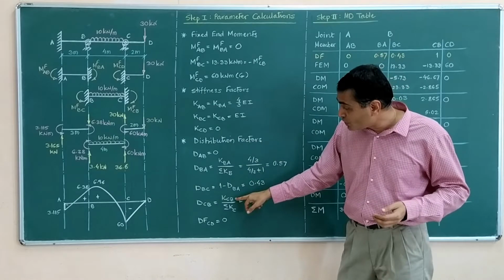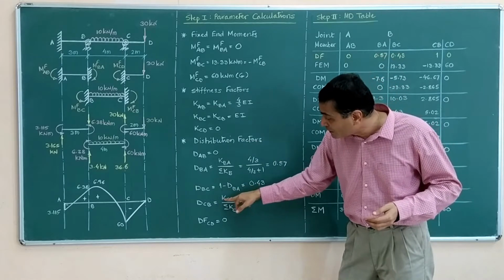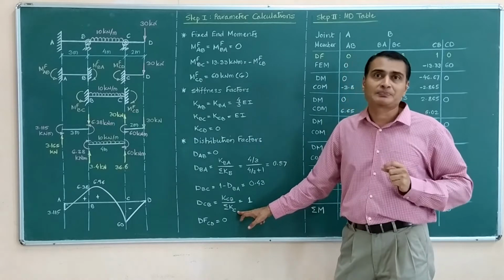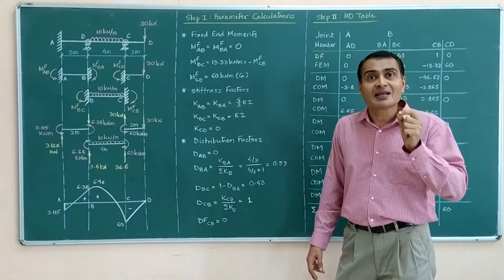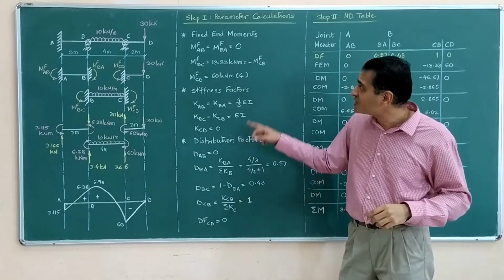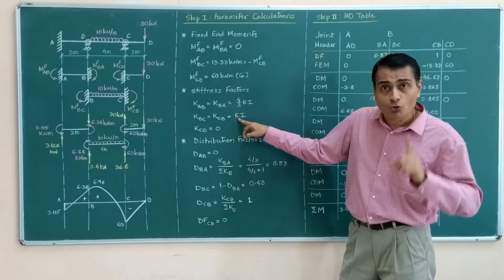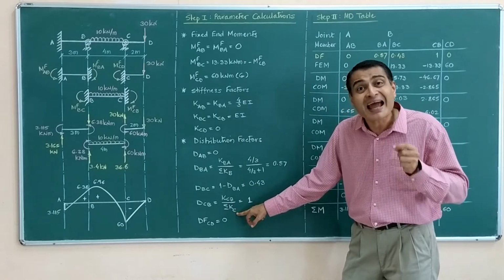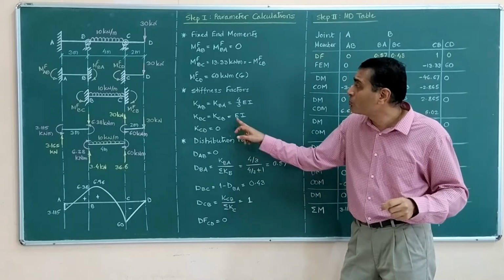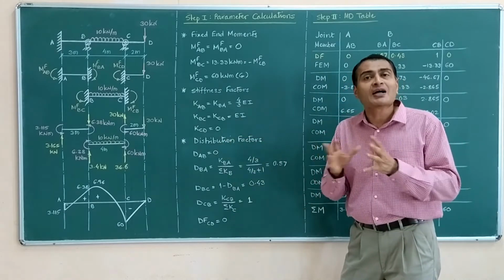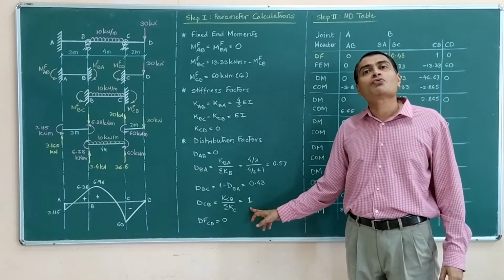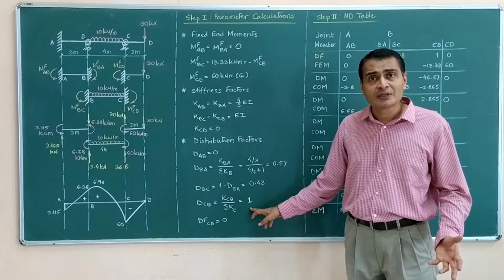So when you substitute here, you get numerator as 1 and denominator as 1 plus 0. Please check, so that you will actually realize. Substitute K of CB, that is 1 EI, and sigma K at C, which is going to be 1 EI plus 0. EI will get cancelled, of course, and I get distribution factor for CB as 1.